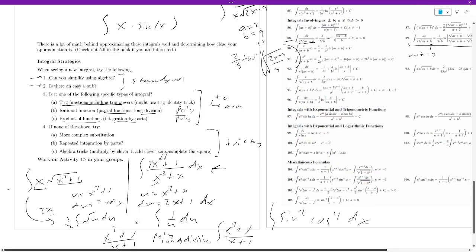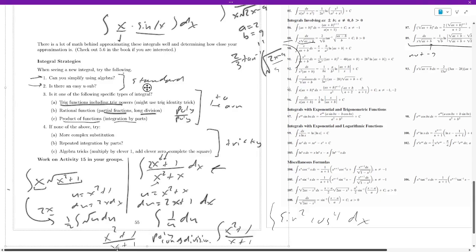It's a product of 2 things, and I know the derivative of one of them, so I'm ready to go. The one I was drawing before, where I put a squared here, would actually be a classic u-sub, because the derivative of x squared is 2x out front. So small changes can make it look different.